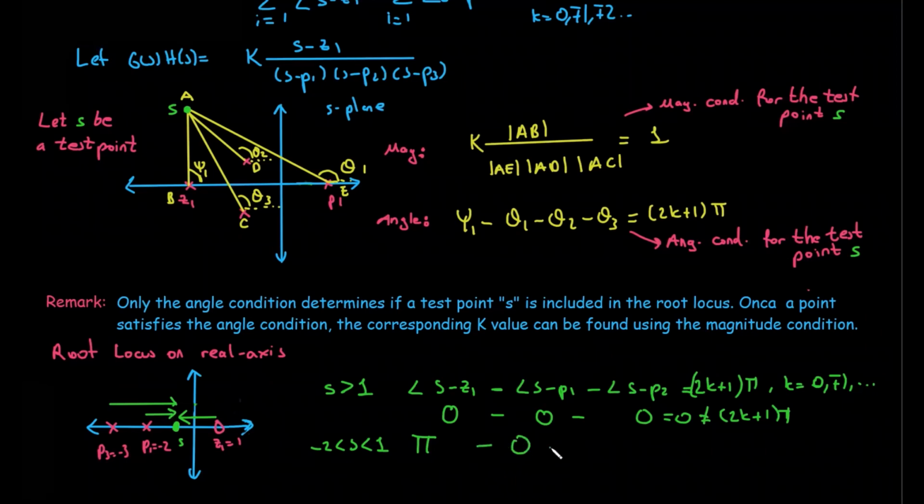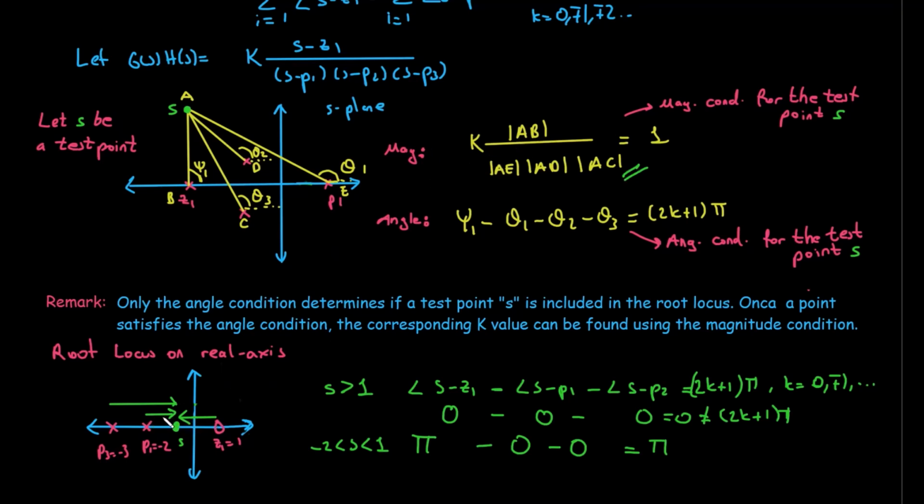So I will subtract 0 and 0, the angles of the poles, and that is indeed an odd multiple of pi. So all the test points between -2 and 1 are included on the root locus. If I pick any point there, all these points on the real line will satisfy the angle condition.